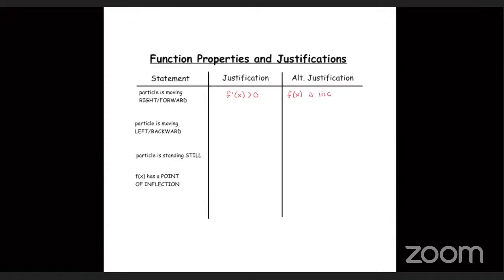For our particle to move left or backwards, our first derivative would be negative, or our function would be decreasing. And for our particle to stand still, our derivative is going to equal 0. And then again, not really increasing or decreasing, as our function is a horizontal line, is what you would look for in a graph to see that it is standing still.